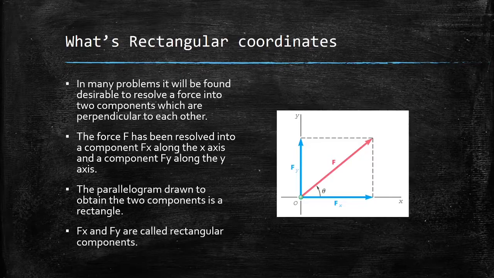So in this case, the two sides are Fx and Fy, and they are perpendicular to each other. That is the difference between any other resolution and the rectangular coordinate resolution. So Fx and Fy are called the rectangular components of this force given here as F.